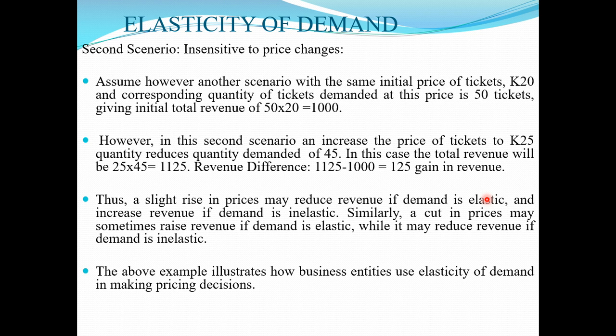Why? We should understand why. Total revenue is equal to price times quantity. So if the price is increasing but demand is elastic, quantity demanded is reducing, which means the whole P times Q is reducing. So because of that, a slight rise in the price is going to reduce revenue if demand is elastic.